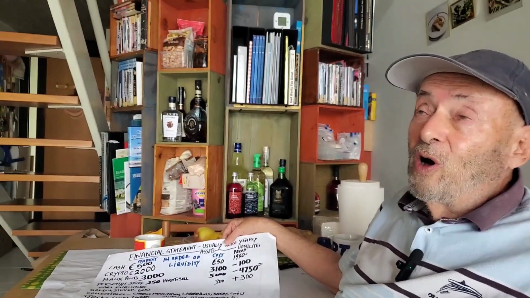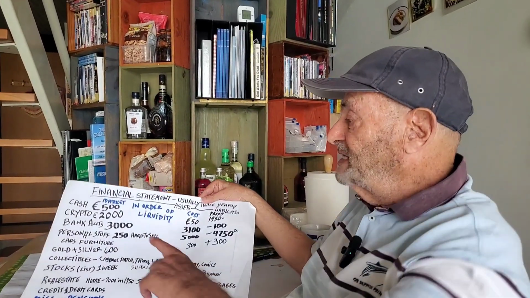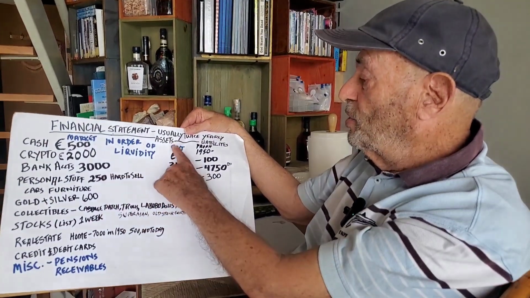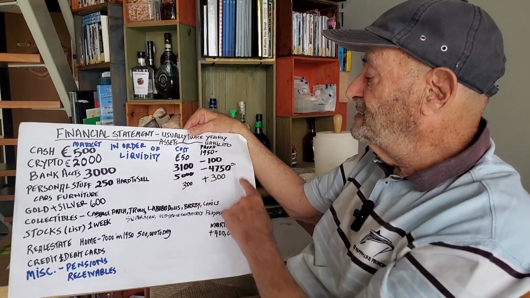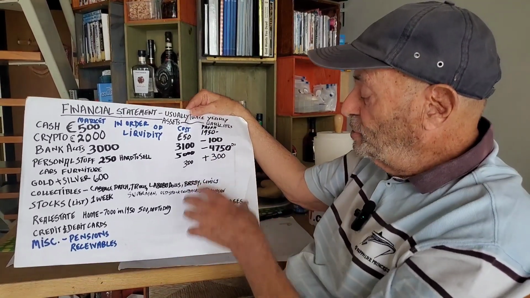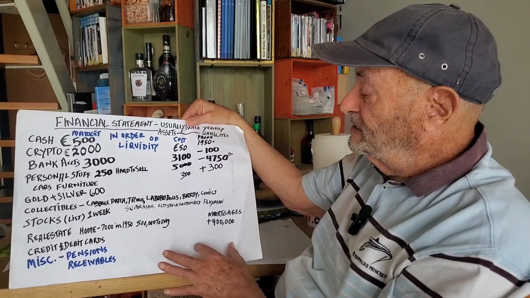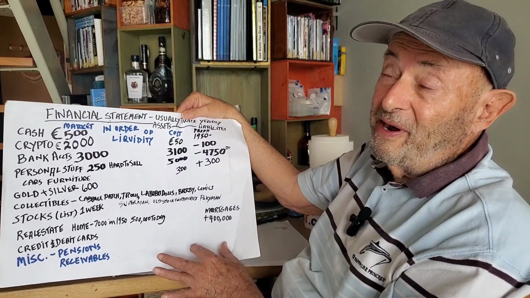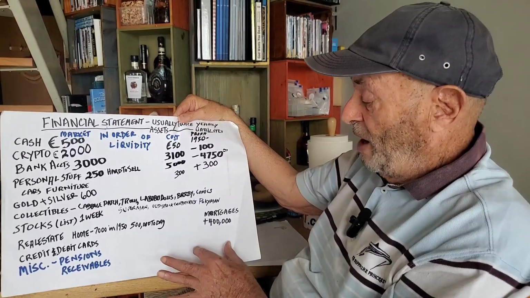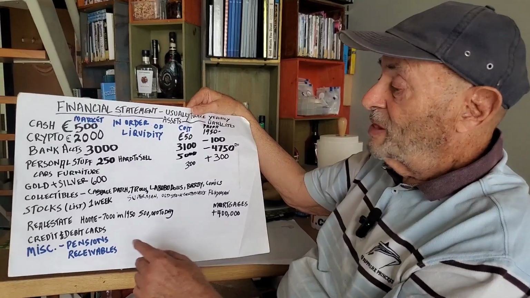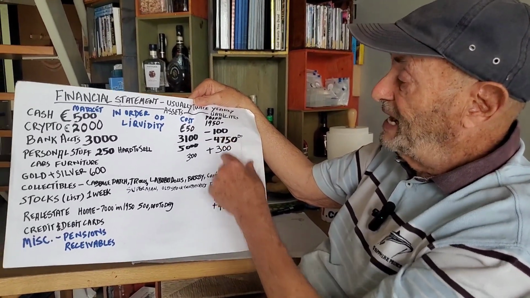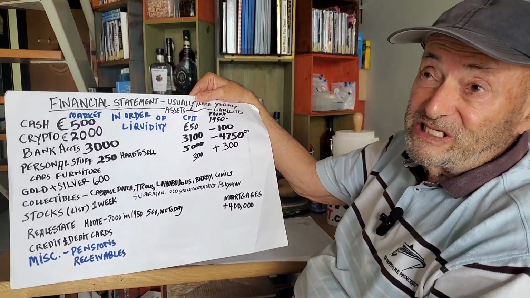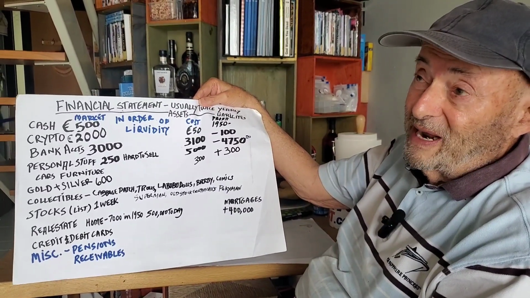So that is how to list all your assets. Once again, to review, you put in your cost and the present value, and then you total them all up at the bottom, and you'll see if you compare year to year if you're going up or you're going down. And of course, if you owe money as a debt, you should put that in, and usually you have a separate sheet for something called liabilities.